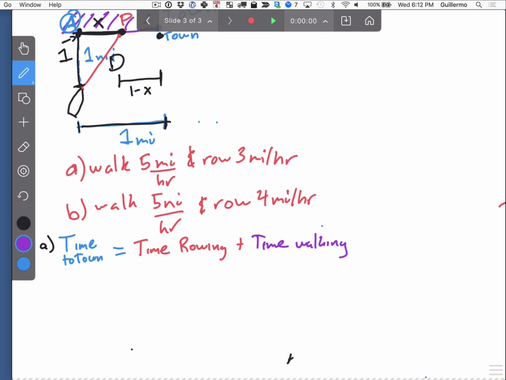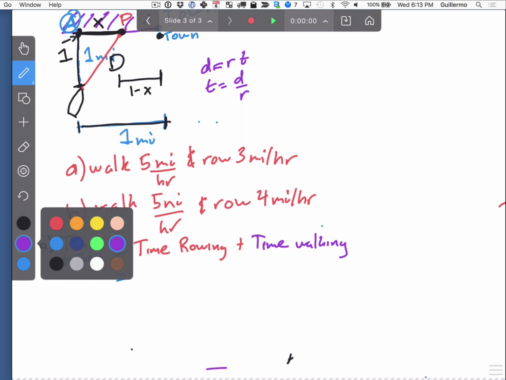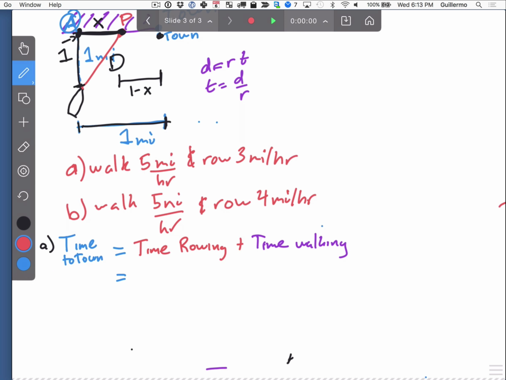So if d equals rt, then t equals d over r, distance over the rate. That's how we're going to find the different times. So what's the time spent rowing? It's distance rowing divided by rate rowing.